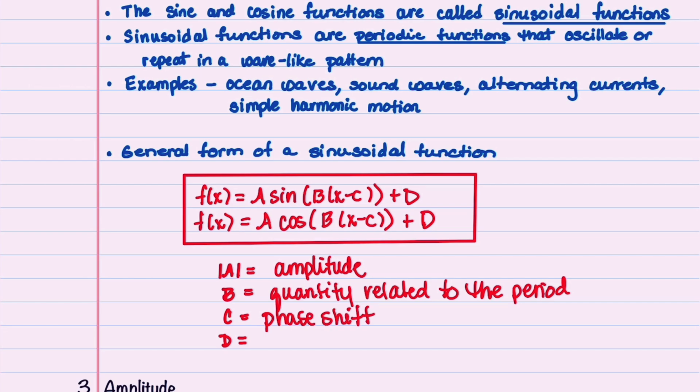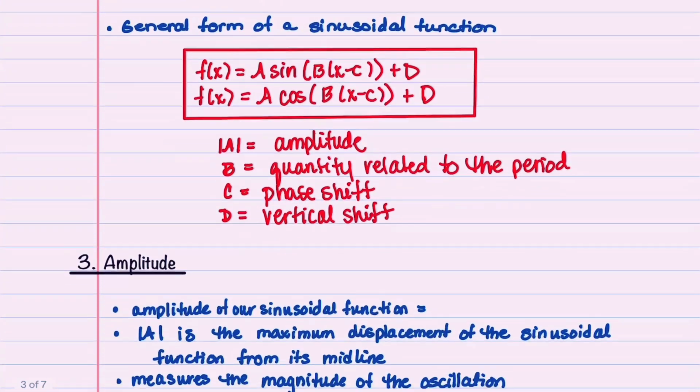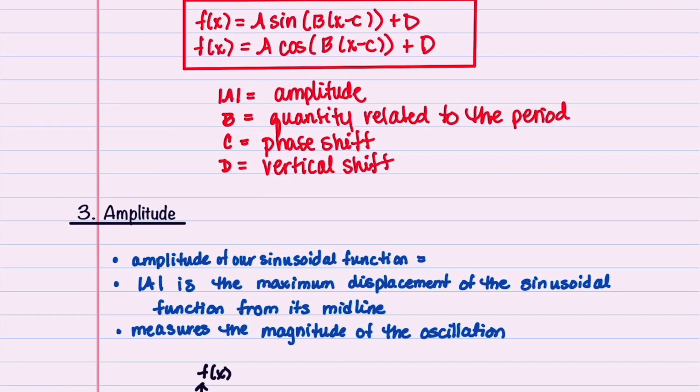And lastly, d is our vertical shift. Before we can graph these functions, we need to learn a little bit more about these 4 parameters, a, b, c, and d.